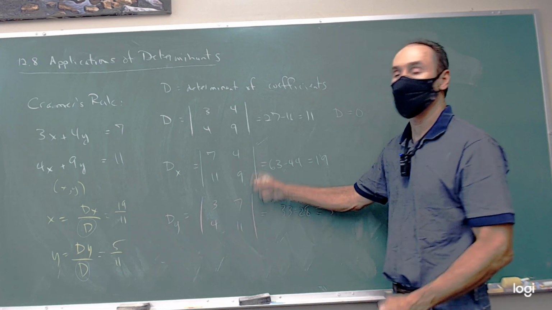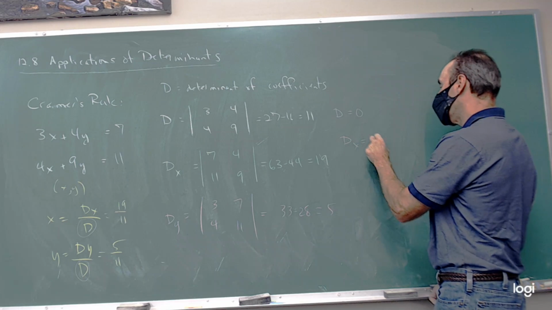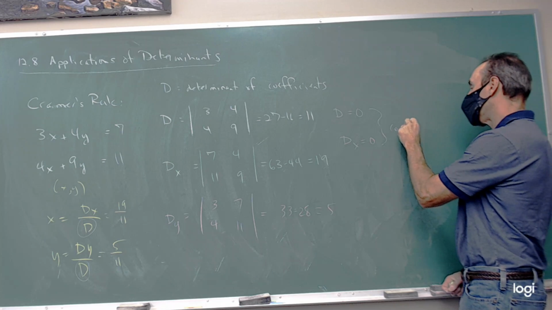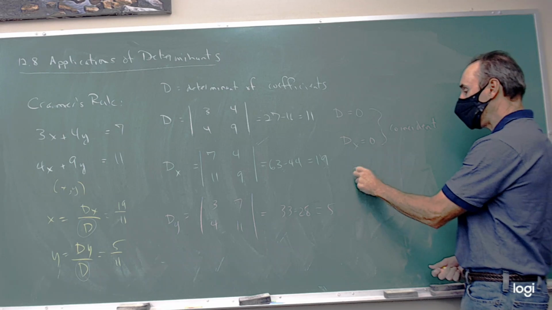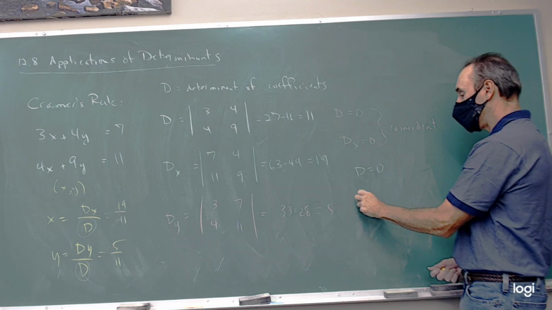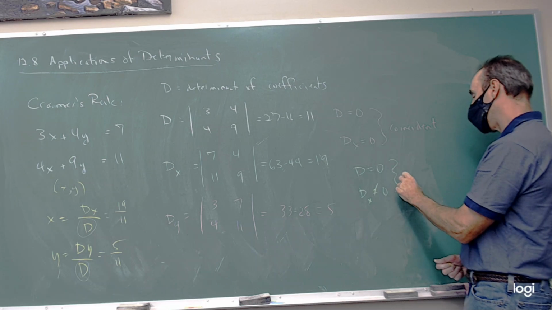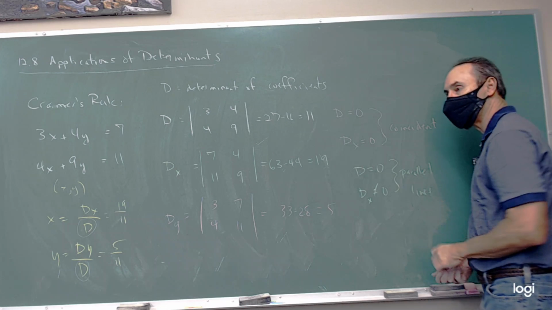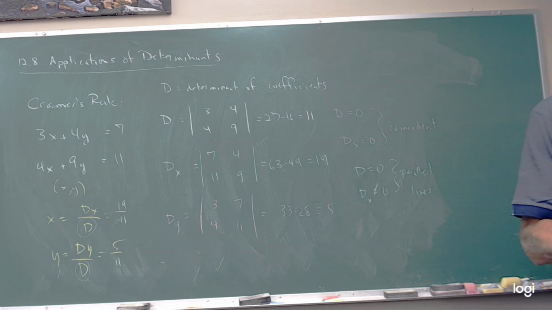Then if you evaluate any one of the others, dx or dy, and that is also 0, then those two things together mean we have coincident lines. Now, if d is 0 but dx is not 0, that means we're going to get parallel lines. So you can tell through the process of using Cramer's rule what exactly has happened.